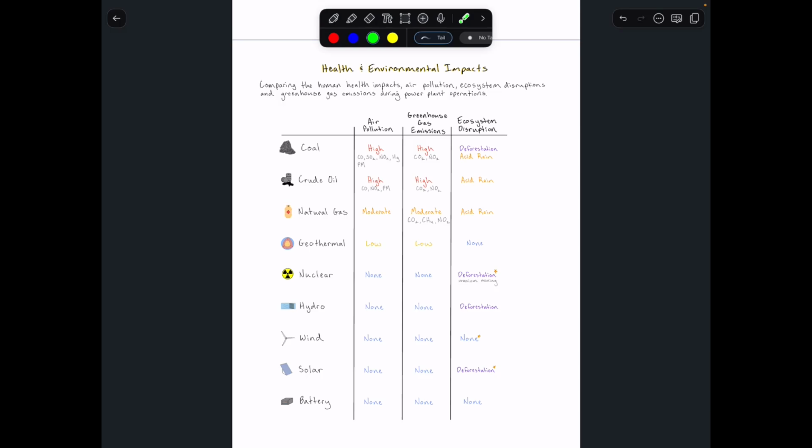Okay, and then for solar, there are no air pollutants and no greenhouse gas emissions during solar farm operations, but they can lead to deforestation, and this is because solar farms need a very large amount of land to capture the sunlight, and they require much more land than the other resources that we've discussed here.